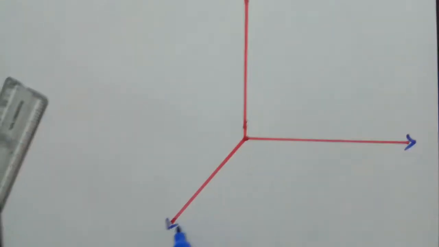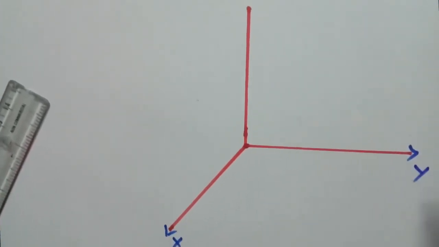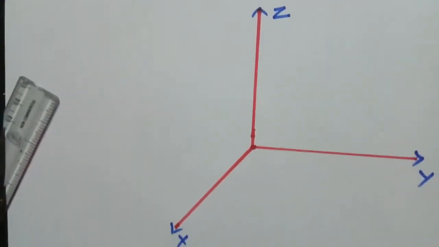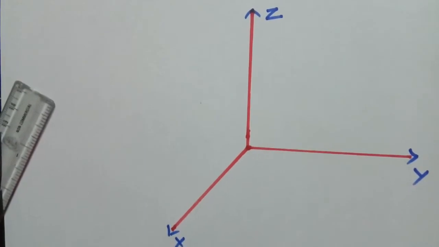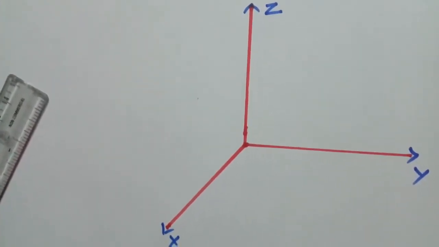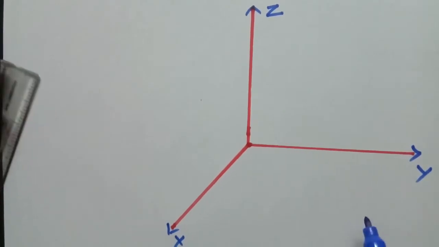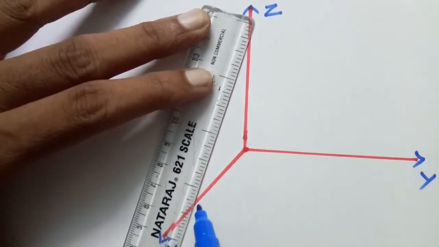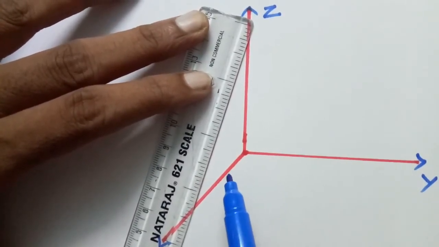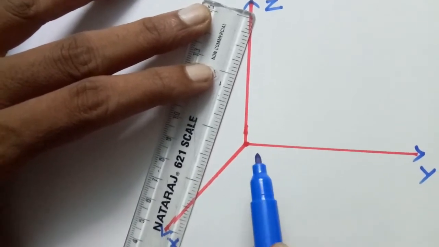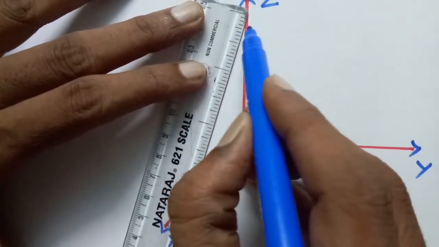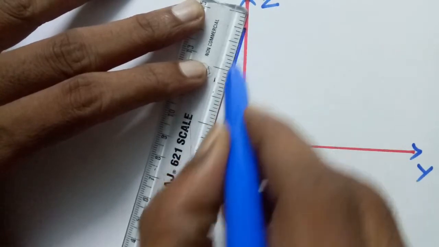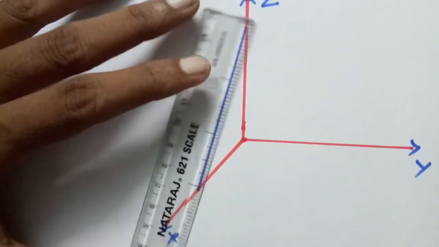Here the points given are (2, 0, 0), (0, 3, 0), (0, 0, 6): on the x-axis 2, on the z-axis 6, and along the y-axis 3.